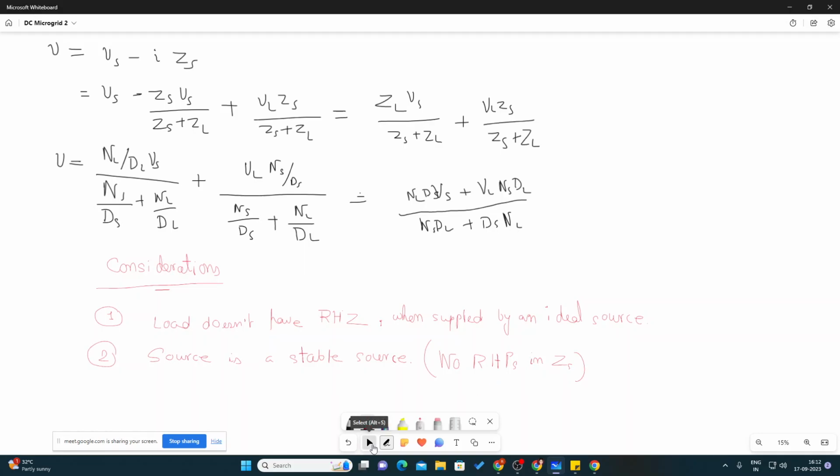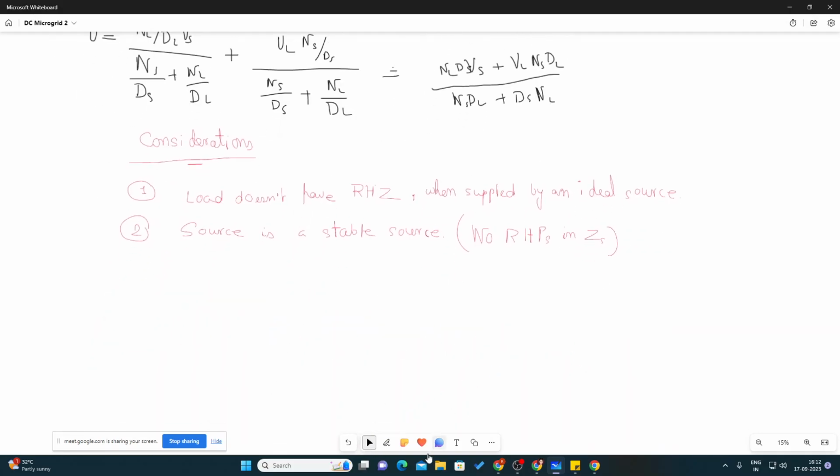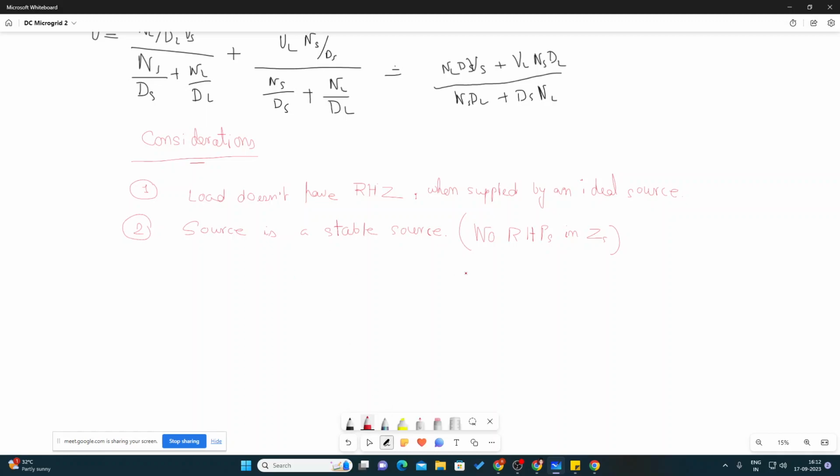Now taking these considerations, that this source is a stable source and the load doesn't have a right half zero.